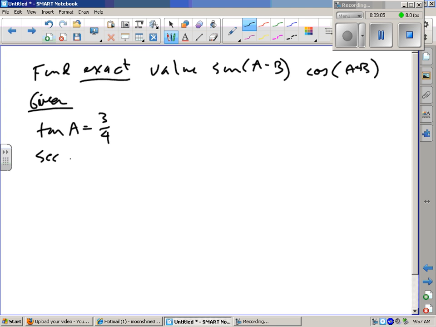The secant of B is 13/5. And they are not in quadrant 1. So neither A nor B are in quadrant 1.